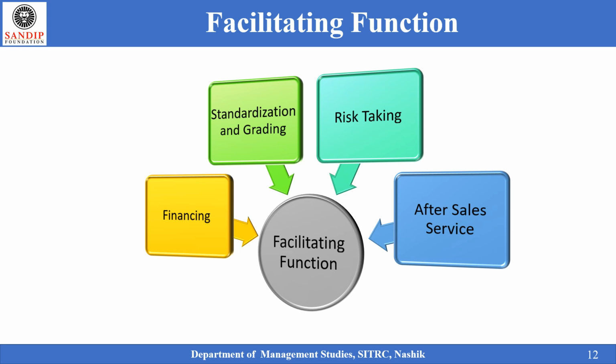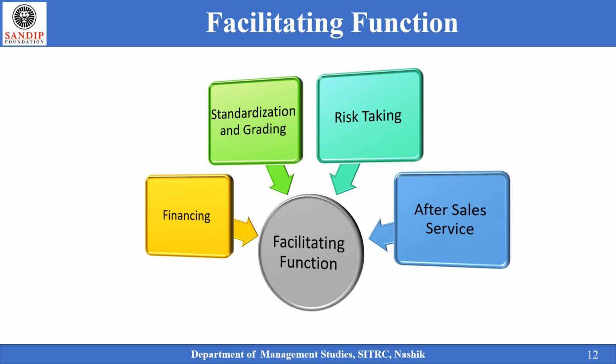Then the risk-taking function, wherein, because the product needs to be stored and kept, it is manufactured in advance. So this risk-taking function is undertaken by the marketer. And after the product is sold, say for example if you buy a TV, the after-sales service of installation and even maintenance comes under the marketing function.